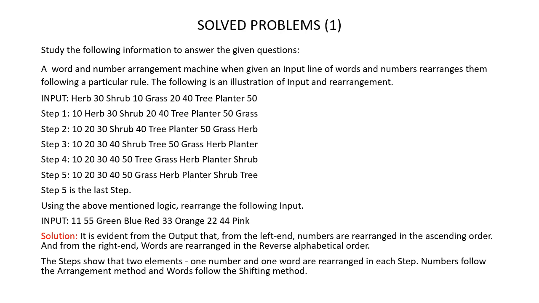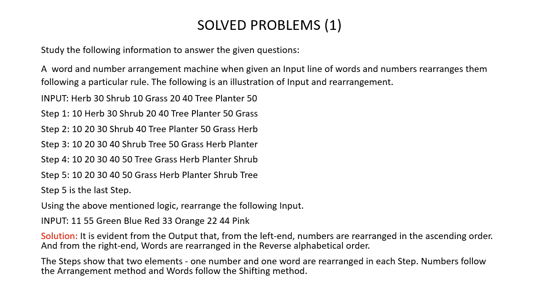Now when you look at the right end, you will see that herb is rearranged and is placed at the extreme right end. You will observe that grass, which was at the extreme right end, has moved to the second position from the right end in step 2. The rest of the elements of step 1 are written as they are in the same order.